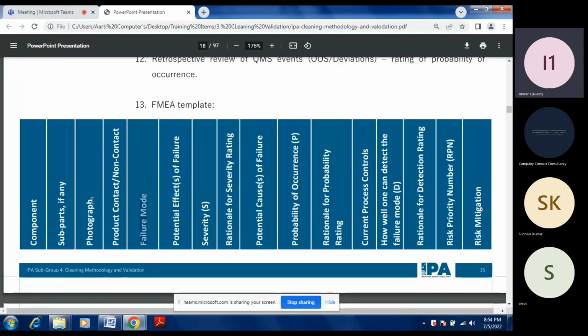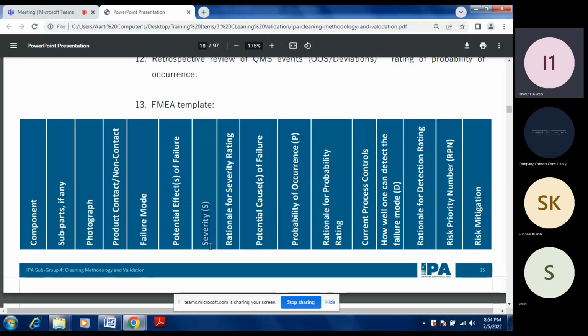Different types of mesh are used, like Dutch mesh, sieves, and other sieves. For the potential effect of failure, there may be chances of contamination if cleaning is inappropriate.